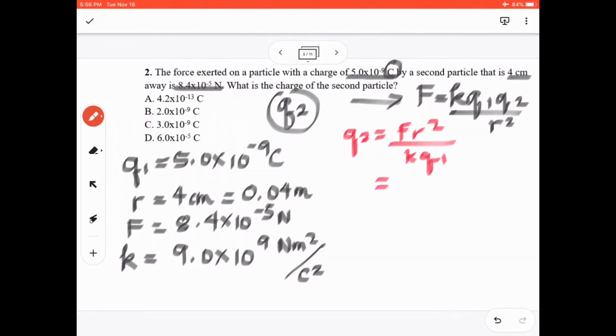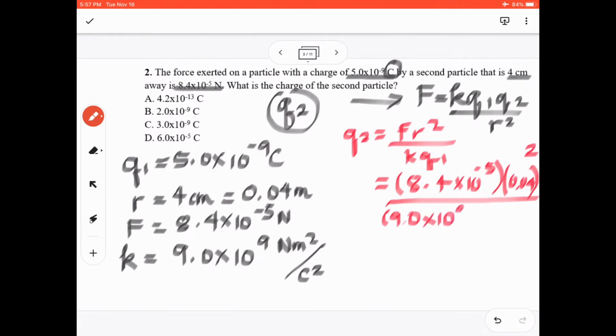So substituting, we will have, sorry guys, F should be first: 8.4 times 10 raised to negative 5 multiplied by R, which is 0.04, and it should be squared, divided by K, which is 9.0 times 10 raised to 9, and then Q1 is 5.0 times 10 raised to negative 9.